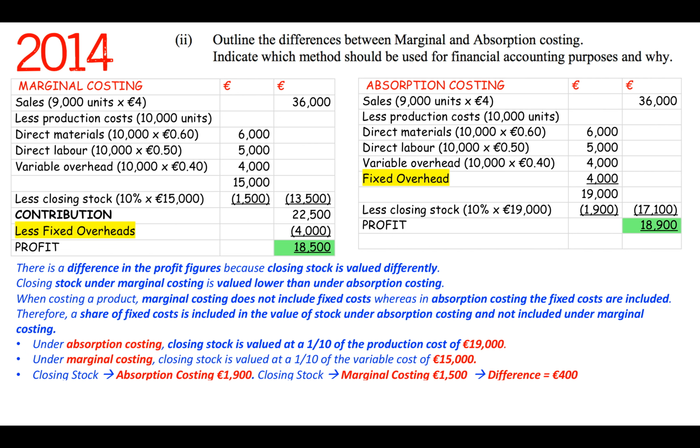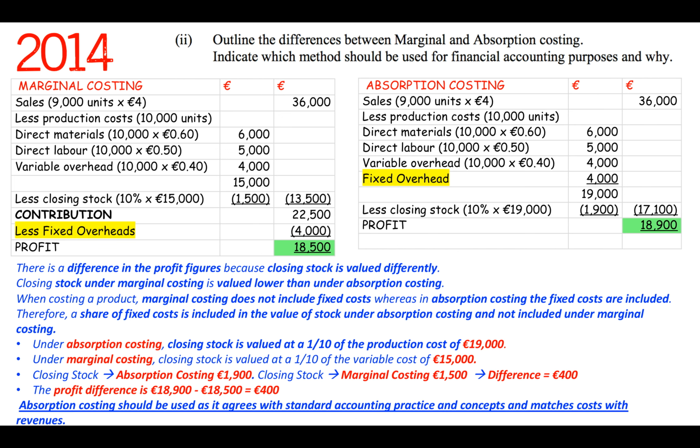Closing stock under marginal costing is 1,500, so the difference there is €400. The profit difference is 18,900 minus 18,500, which is €400. So absorption costing should be used as it agrees with standard accounting practice and concepts and matches costs with revenues.